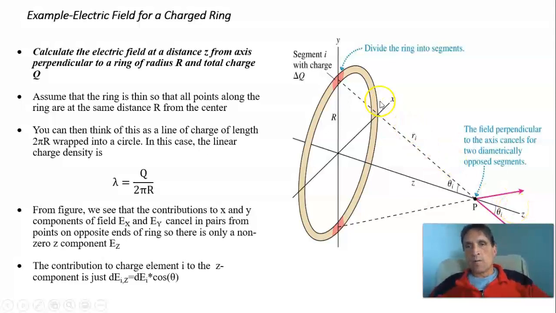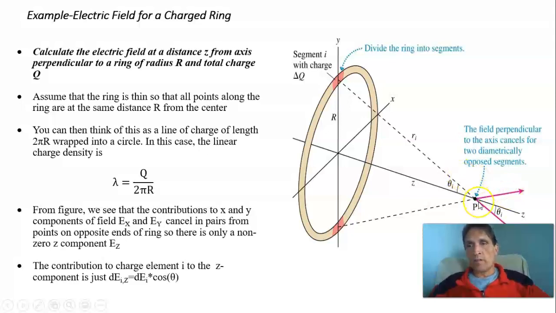And you can go around for every 2 points that are opposite each other on the ring, and their x components cancel. So again, because of symmetry, there is going to be no y component and no x component of the field at P.